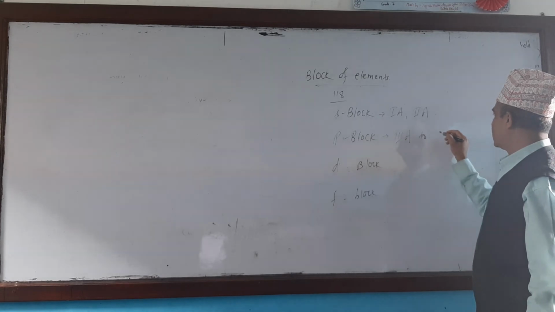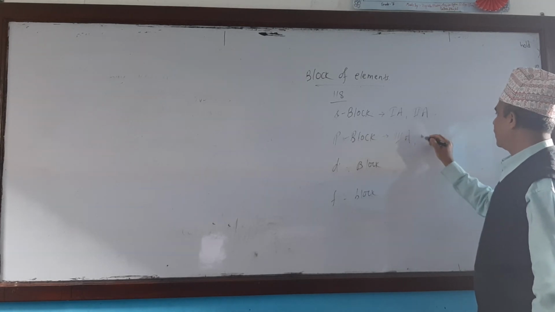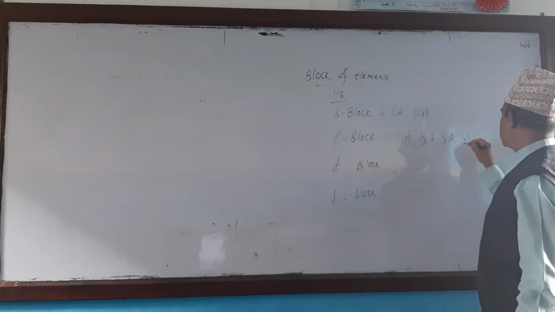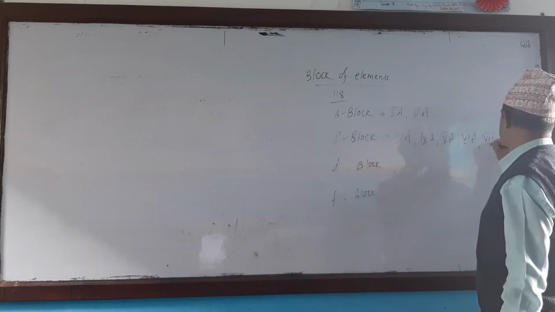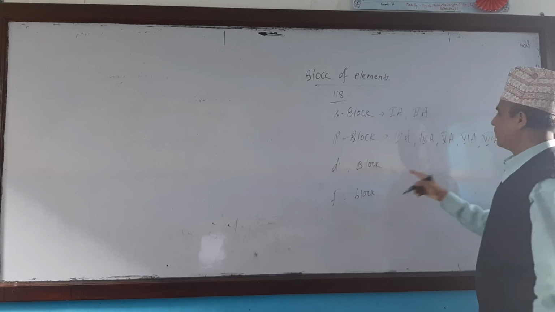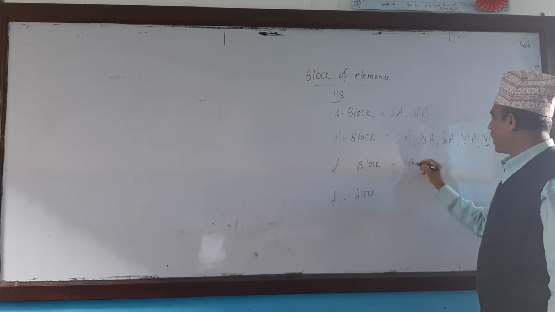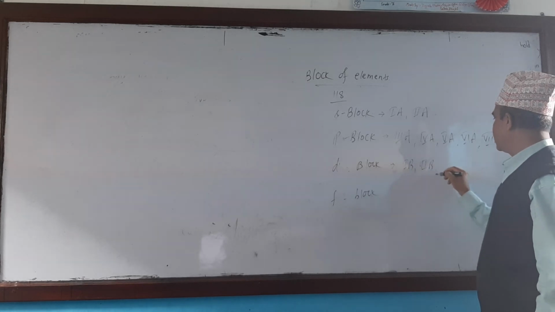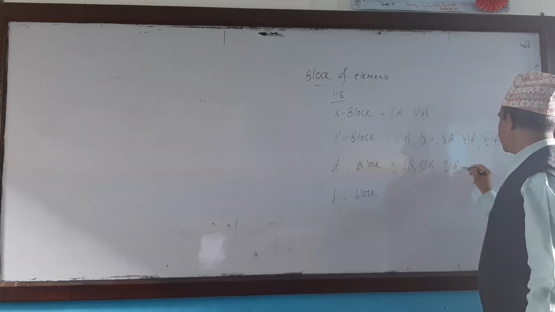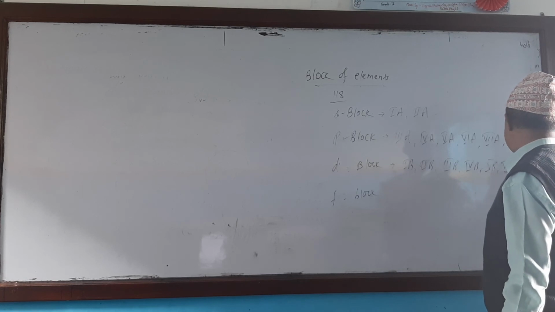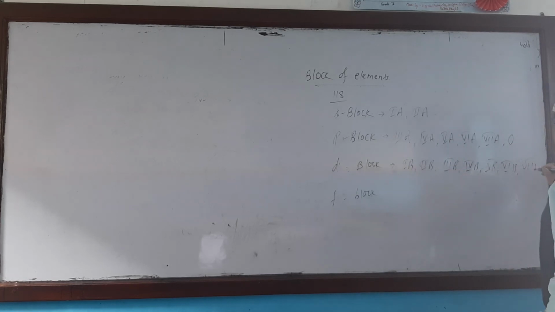P block: 3A, 4A, 5A, 6A, 7A, and 0. D block: 1B, 2B, 3B, 4B, 5B, 6B, 7B, and 8.